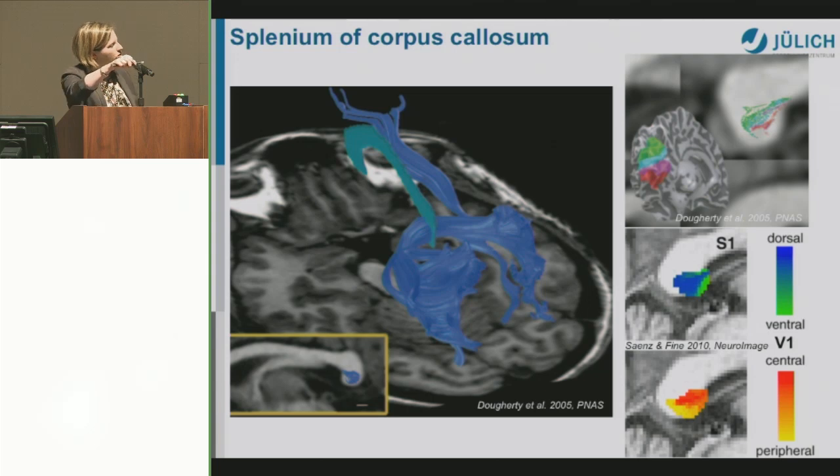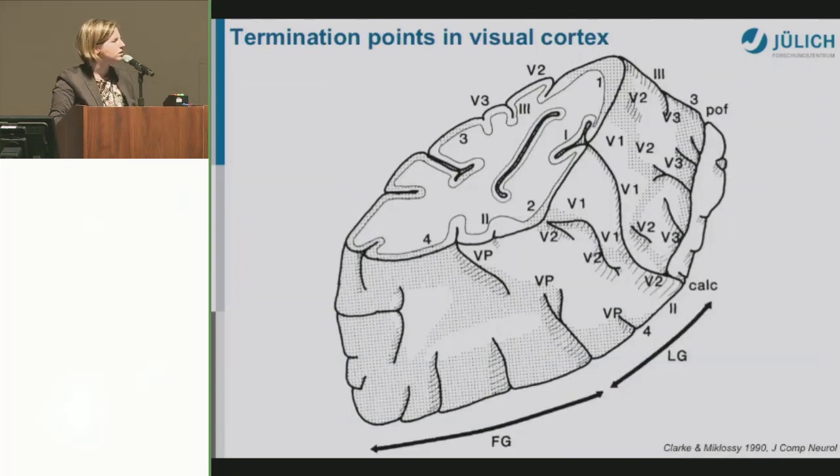It was also shown that within V1, the fibers have some kind of topography. For example, dorsal and ventral aspects are separated based on the fiber topography, and again central and peripheral aspects. But this is only one aspect of what is going on within the transcallosal fiber systems.